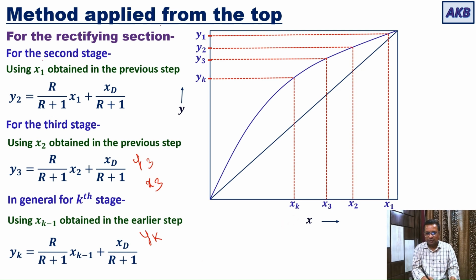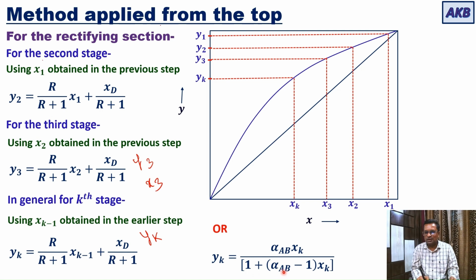If you have the equilibrium relationship, you can use it to get xk. Yk is equal to alpha ab xk divided by 1 plus alpha ab minus 1 into xk. So either way, you are going to get the value of xk. So calculations for the kth step will end after getting the values of yk and xk.